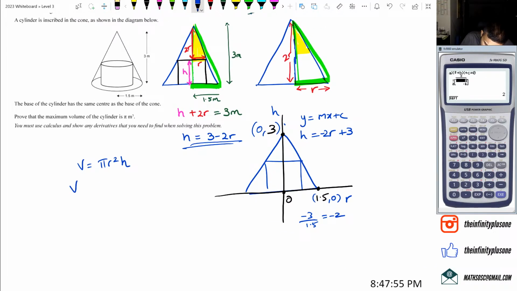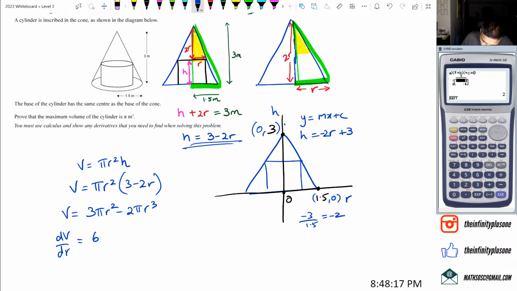So I've got volume is equal to pi r squared times (3 minus 2r). Volume is equal to 3 pi r squared minus 2 pi r cubed. I think we just want to check that we're on the right track. dV/dr, or V dash, is going to be 6 pi r minus 6 pi r squared.